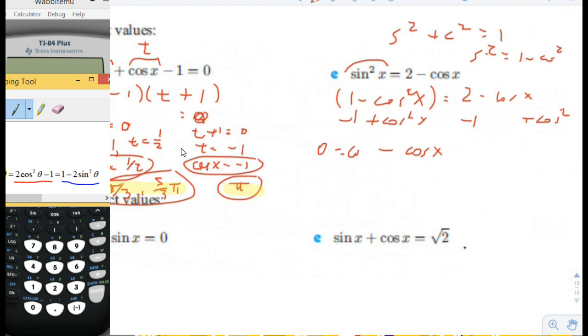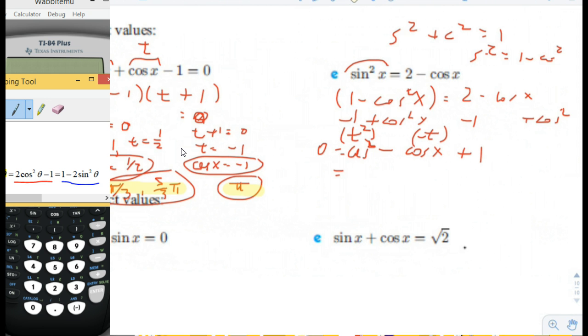Cosine squared is here, 1 is here, and then we're going to substitute. So instead of cosine squared, we're going to have t squared. Instead of minus cosine x, we're going to have minus t, and then plus 1. So now we'll factor this a little easier. T, and I don't think there is, no, what do you call it?